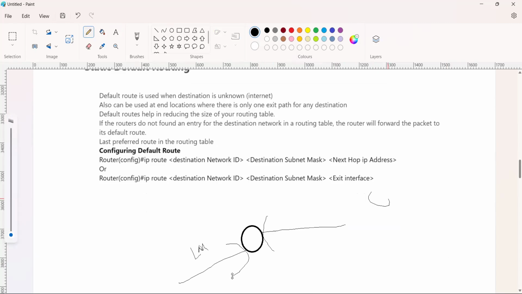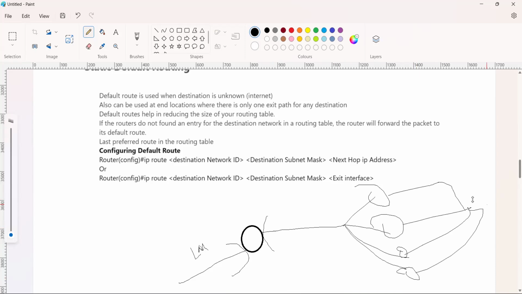At the WAN location you have multiple paths, and these paths are connected at one another end. So we don't know the entire thing; there we will configure default routing, otherwise we will configure dynamic routing. We use it when we don't know the destination IP address or any destination network.